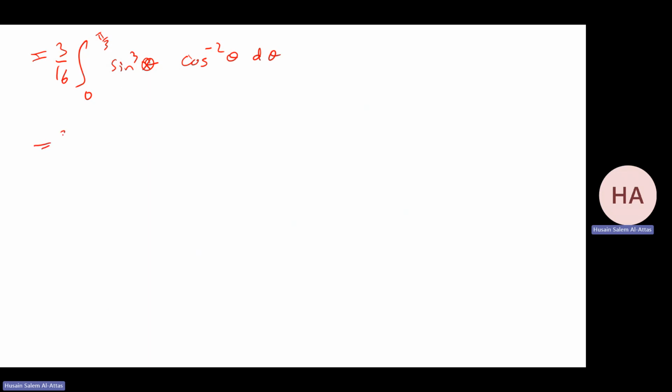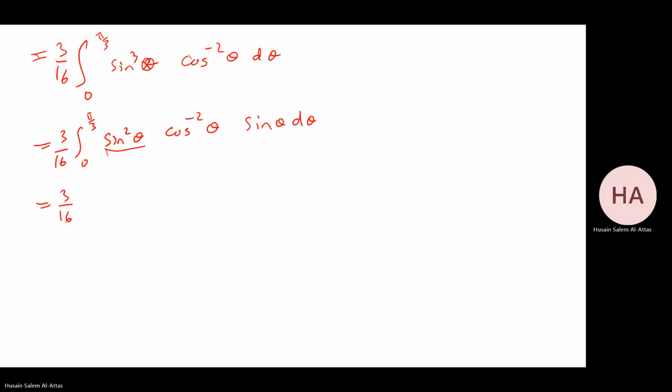Sine is odd, so I can do the trick, which we know. I write it as sine squared theta times cosine minus 2 theta, and put the sine here with the d theta. I can rewrite it as 1 minus cosine squared theta times cosine to the power minus 2 theta. This will be my d theta.